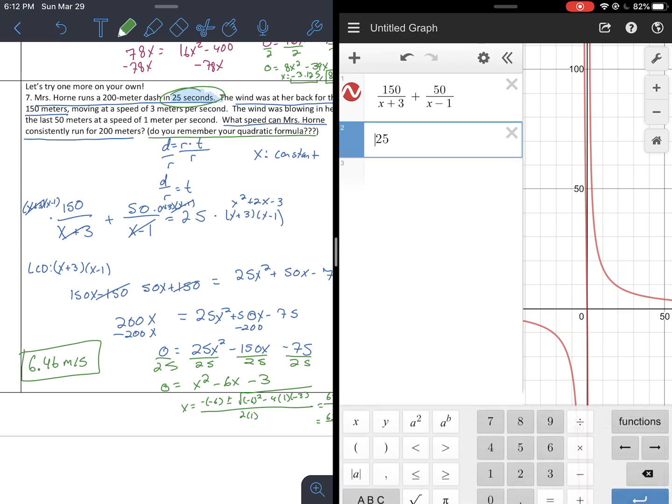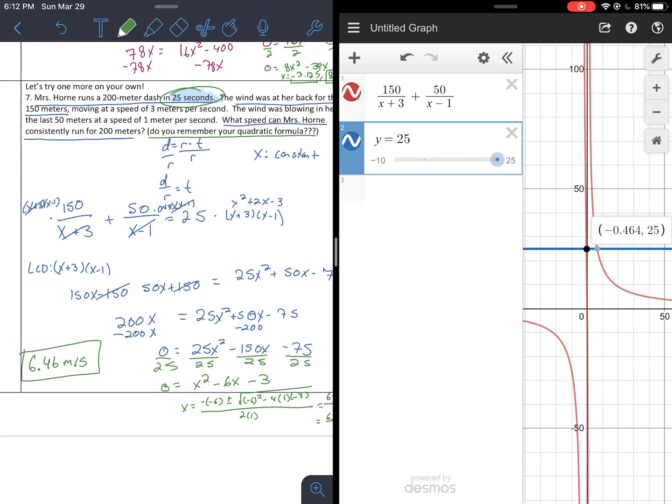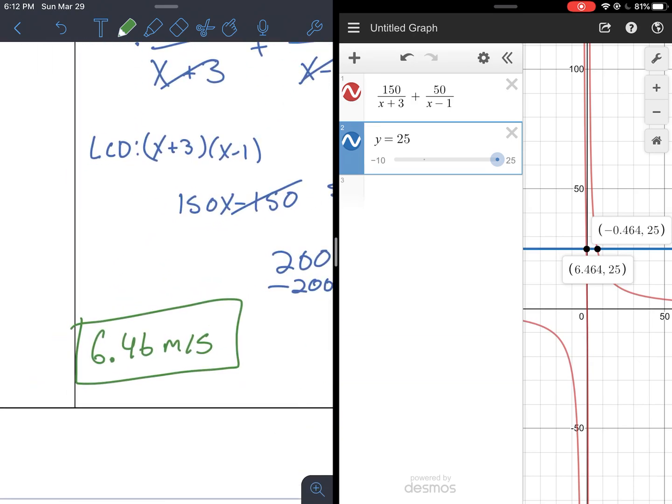So we scroll out here. We'll say y equals 25. Negative 0.464, 6.46. There it is, booyah, 6.46 meters per second.